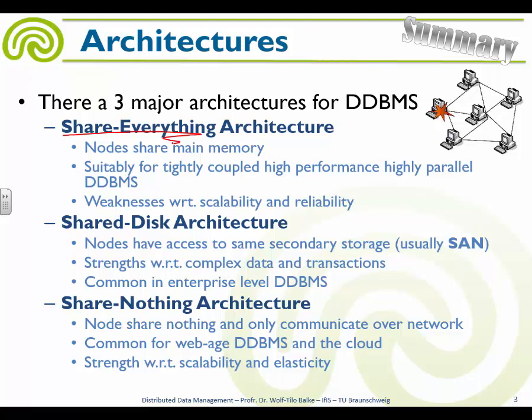On the other hand, you can ship data from different locations into that central processing area and then simply work on it. Then there's the shared disk architecture, where you usually have a storage area network, and all the data resides on that logical storage device, right?